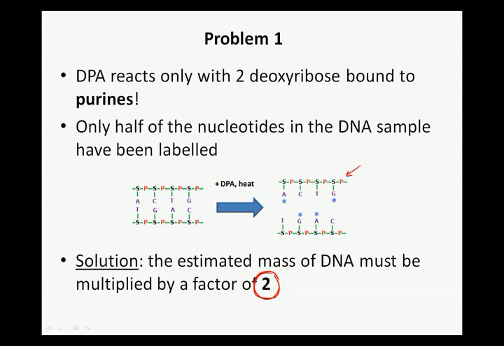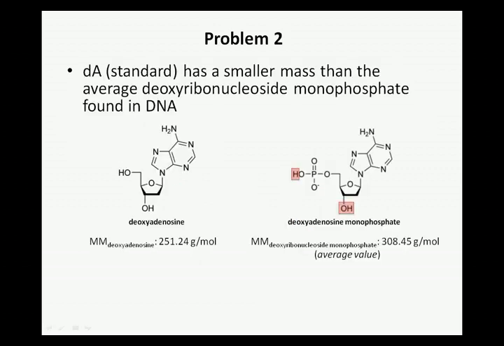Second thing that you have to keep in mind is that you're trying to figure out the mass in micrograms. But now you're comparing the mass of deoxyadenosine to the one of the deoxyribonucleosides monophosphate, which are present in DNA, but their mass is actually different. If you look, this is basically the same nucleoside as you used to generate the standard curve, and this is as found in the DNA.